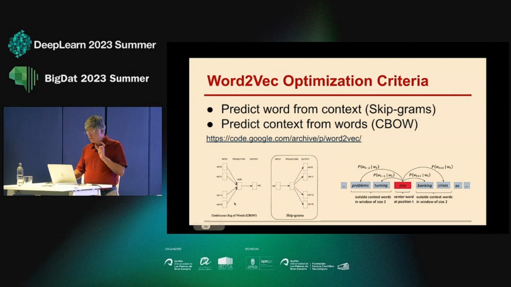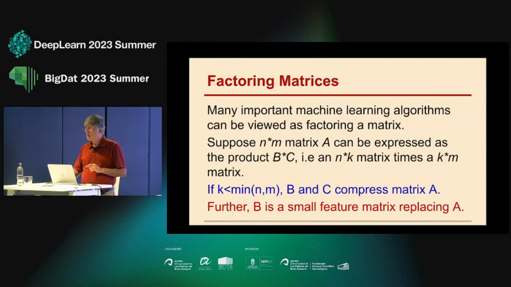But there are 2 different optimization criteria you could use here, both of which, if you built a good representation, the better your representation for what words mean, the better you could predict what was missing, the better you could predict what the other words in the sentence were, given just one of them. And given the appropriate loss function and stuff like that, that's how word2vec would work. Any questions?